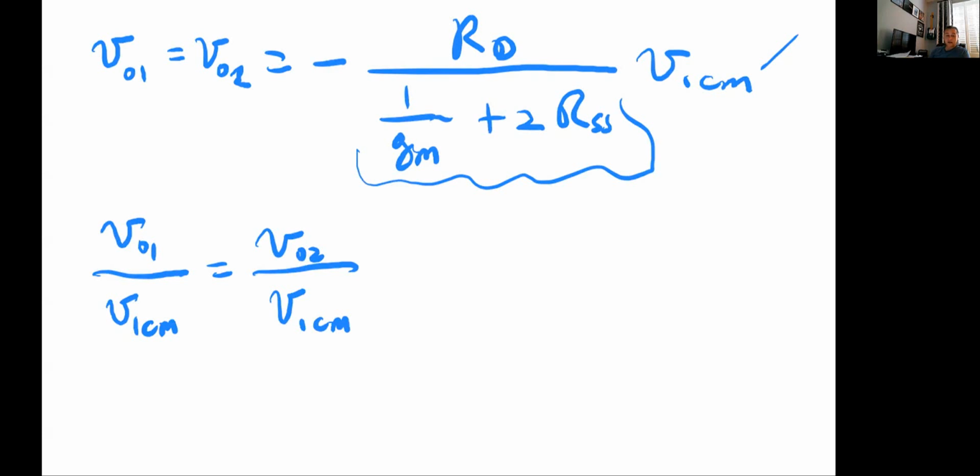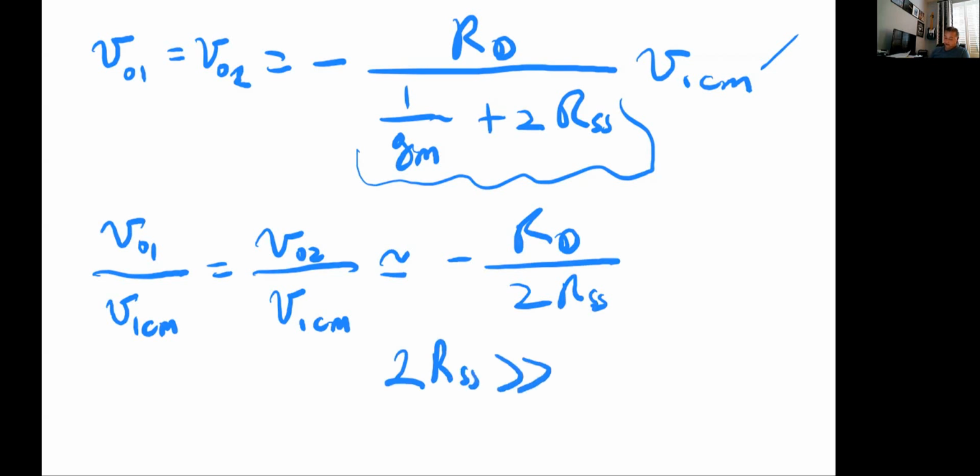Because GM tends to be large related to RD and RSS, then this is about minus RD divided by 2 RSS. And the observation here is that this factor is much larger than 1 over GM, because GM tends to be large.